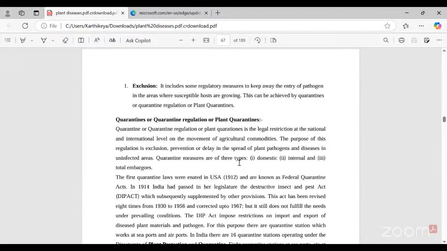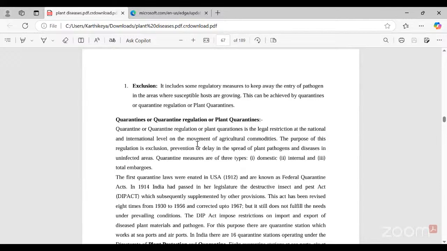This can be achieved by quarantine and quarantine regulations of plant quarantine.